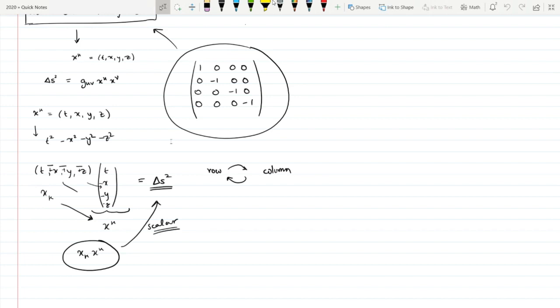Because otherwise, if I just take two things like this, I'm just going to get two column vectors multiplied by each other. If I just take a term like this, I'm just going to get two rows. So does everyone see that we need something that's a row and something that's a column in order for me to get a scalar? Is it clear?